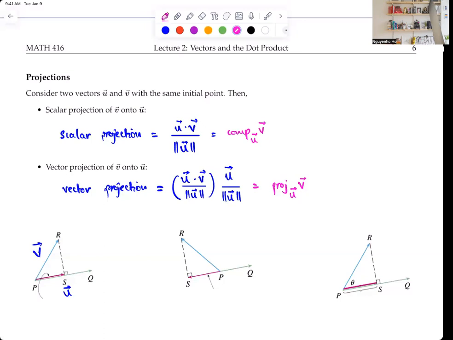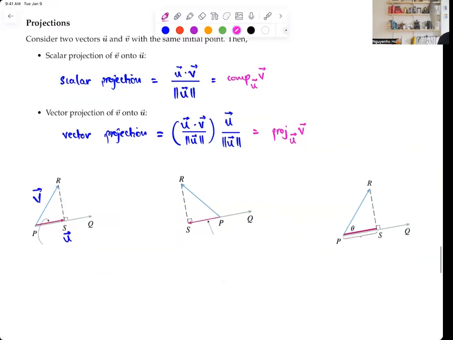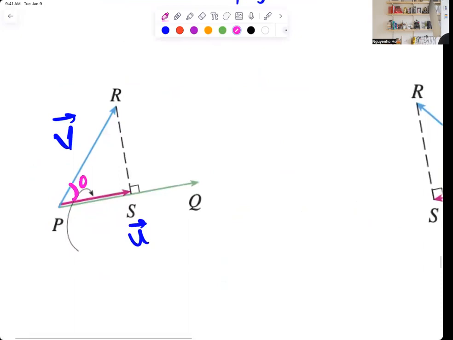I'm going to project vector v onto vector u. The projection is just the shadow that we see of v onto u. I'll call the magnitude of this shadow x. This is the angle theta.